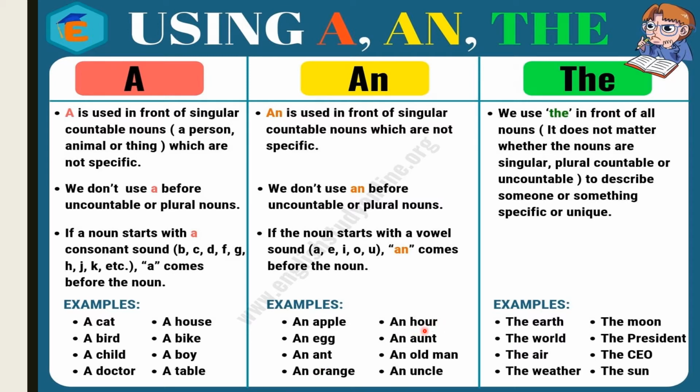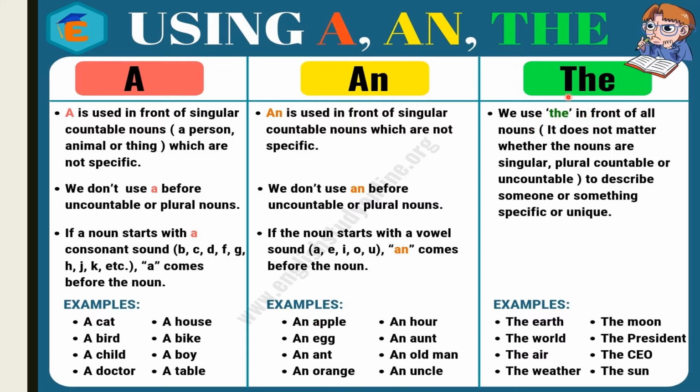Now why have I used an with hour, when it is starting with h? Why? This I will tell you in my next slide. Aunt, an. Old man, an. And uncle, an. All these words are starting with a vowel sound, so they are having the article an in front.